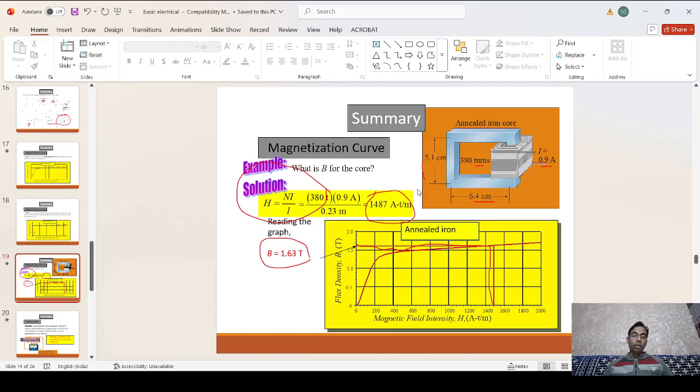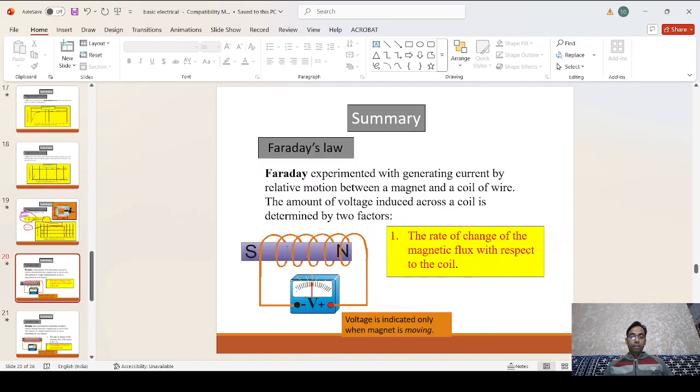So we obtain the field intensity 1.1487 ampere turns per meter, and this value lies above 1400. The obtained value is 1.63 Tesla.